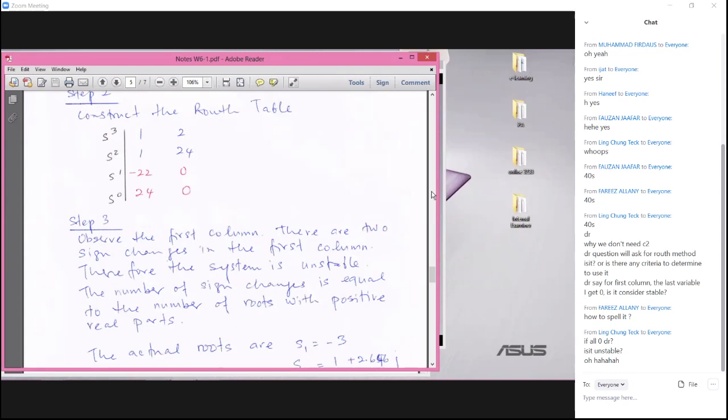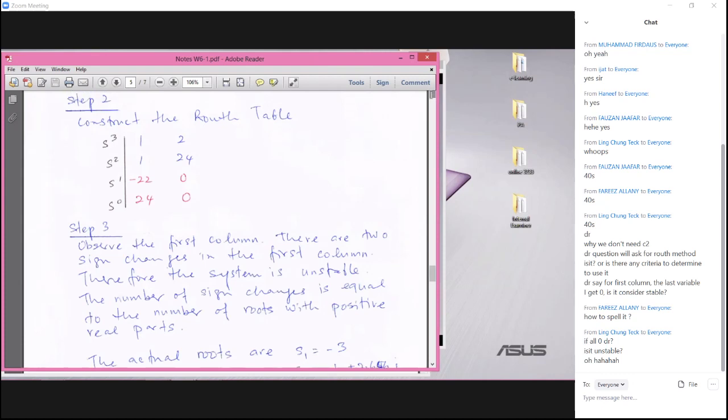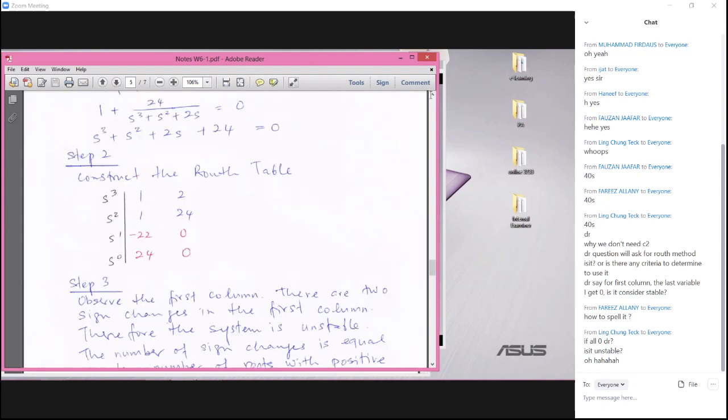All zero means that 0s cubed plus 0s squared plus 0s plus 0 equals 0, and you have what we call a trivial case. We are not interested in a trivial case. It's so trivial. It means that you don't have a system to control.